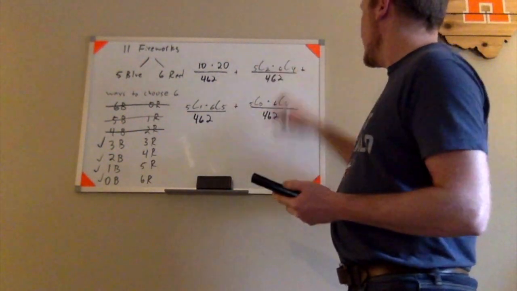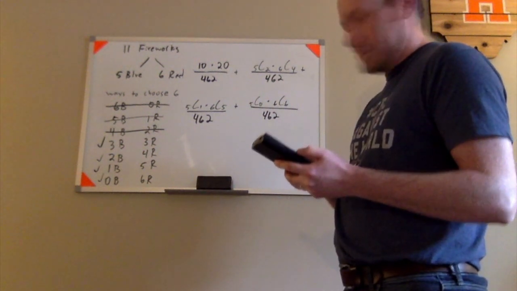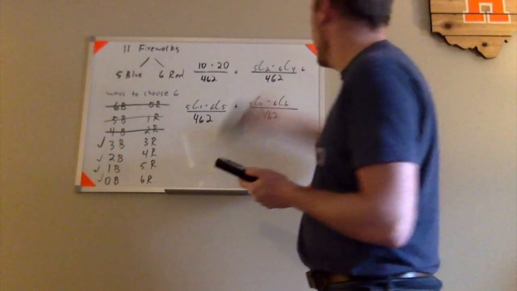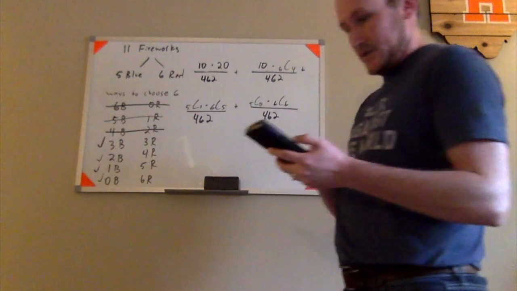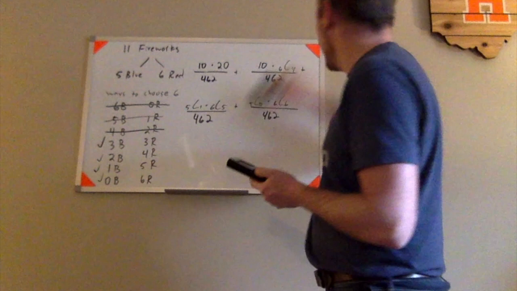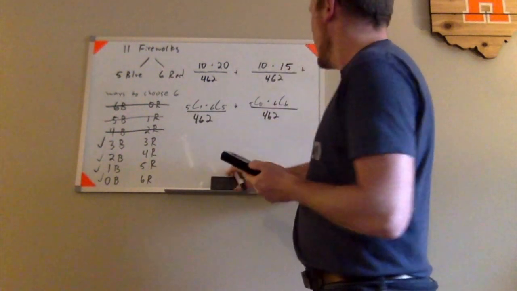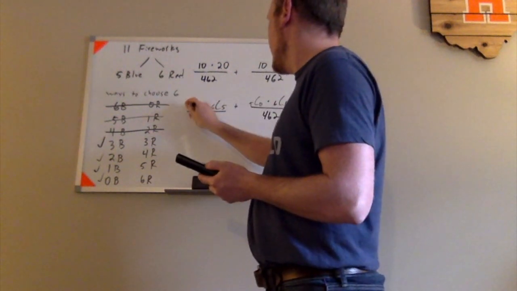Still have some more combinations to compute there, so let me do 5 choose 2, which is 10. 6 choose 4, which is 15. Down here, 5 choose 1 would be 5.